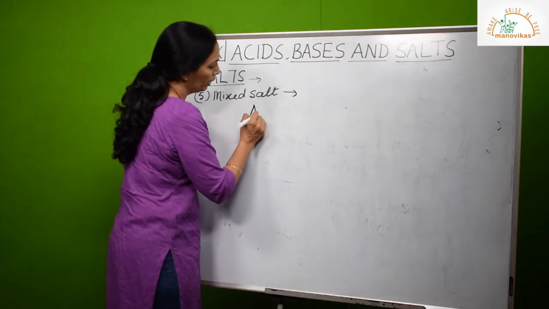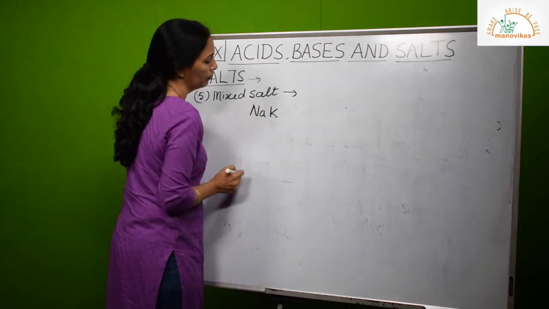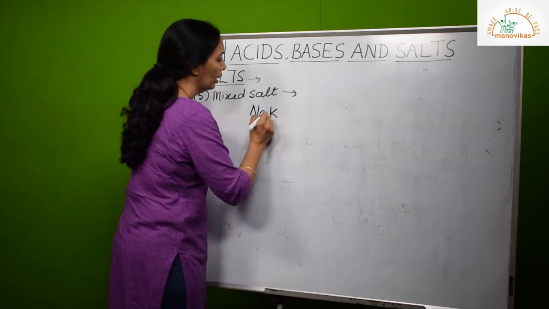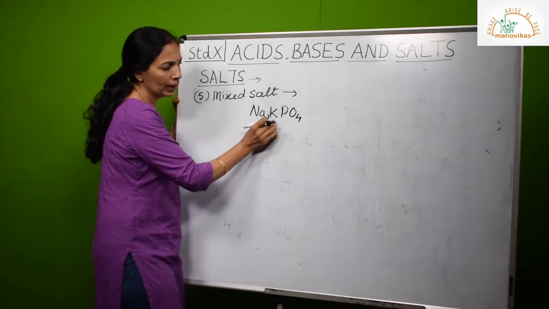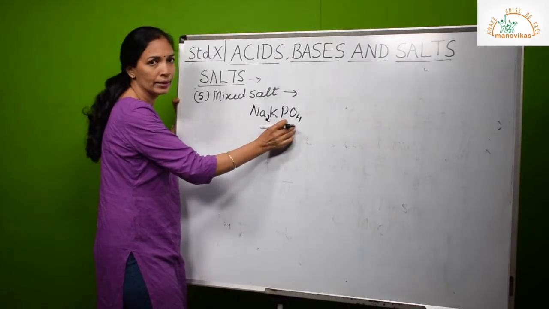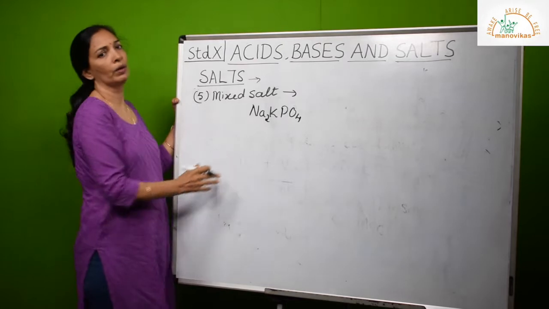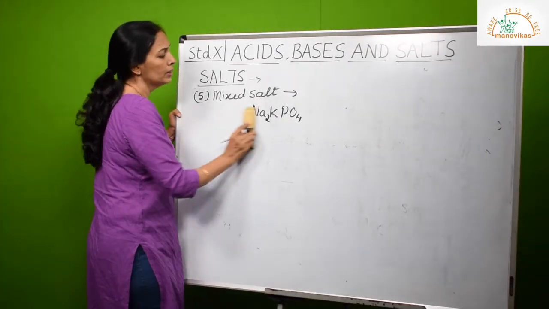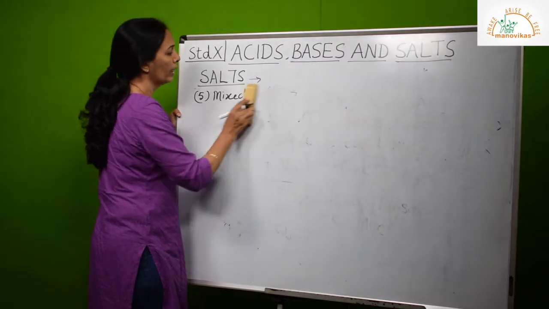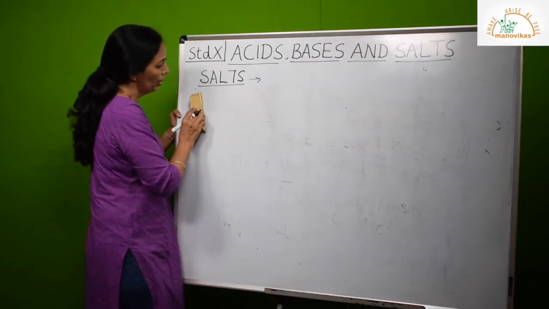So like sodium potassium phosphate. Here two cations are there and one anion is there. So this kind of salts are called mixed salts. Even bleaching powder comes under this, which has two anions and one cation.